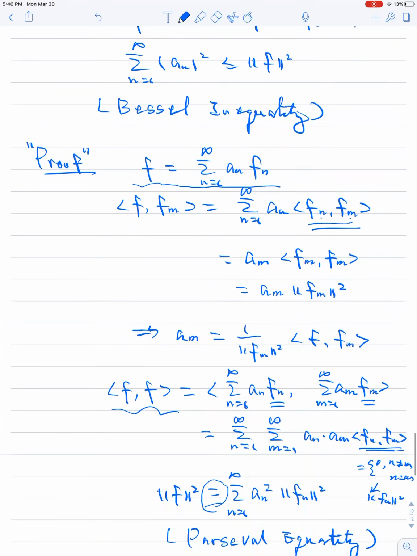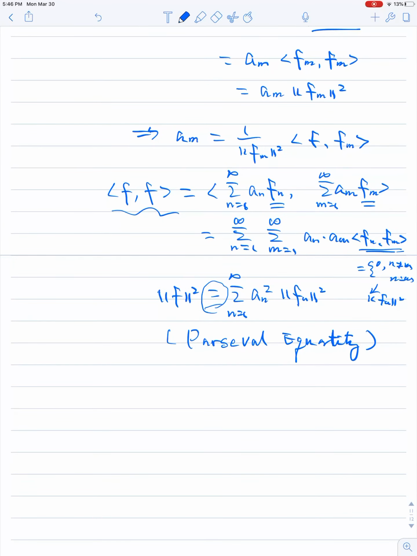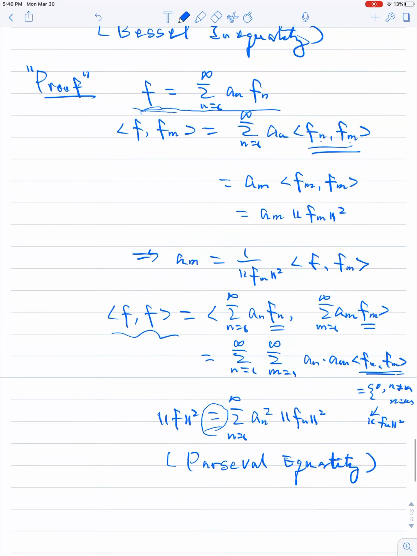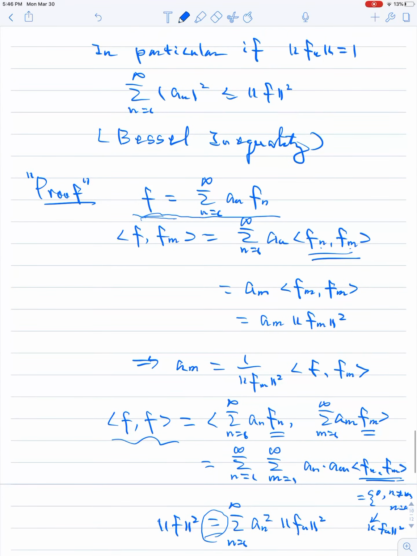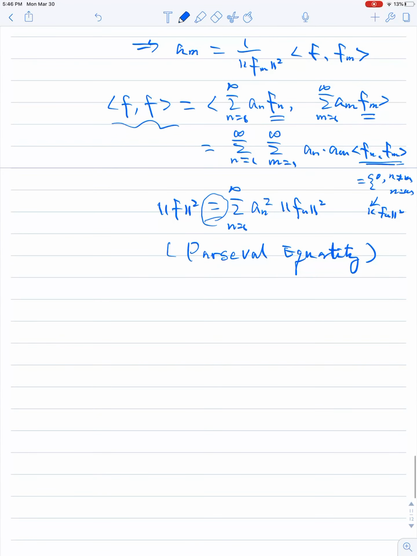Now, in this proof, we assumed that f, a function, can be expressed as the infinite sum of these, but as I said, this is not always true. But then we have this new definition.